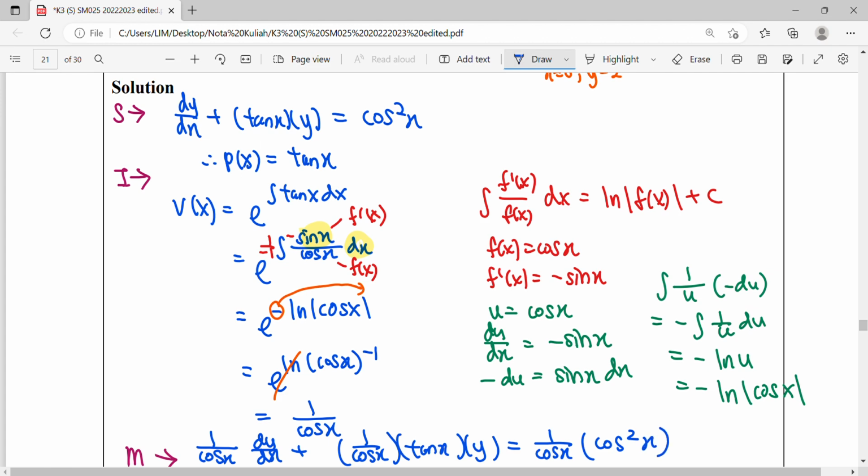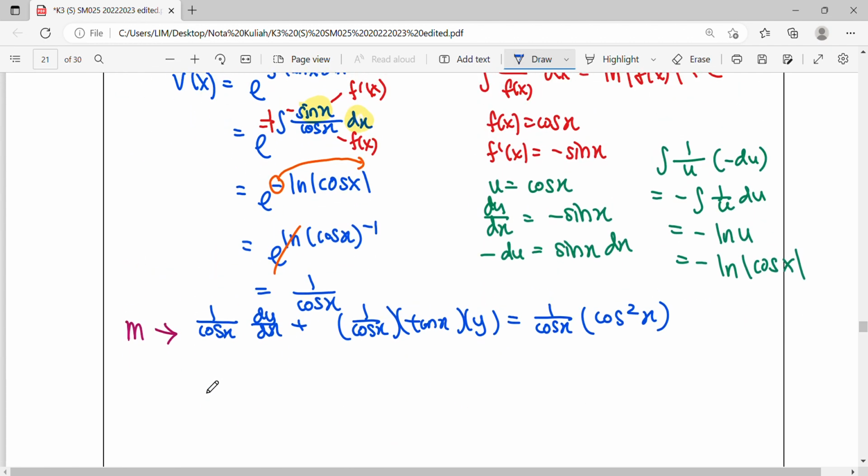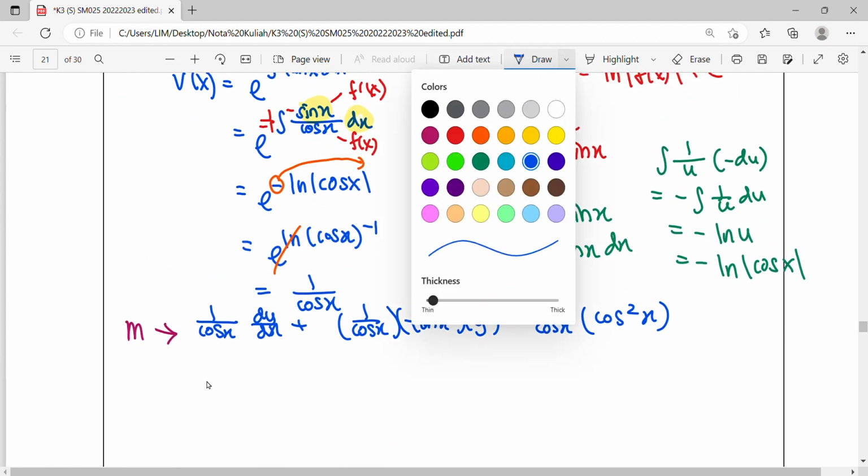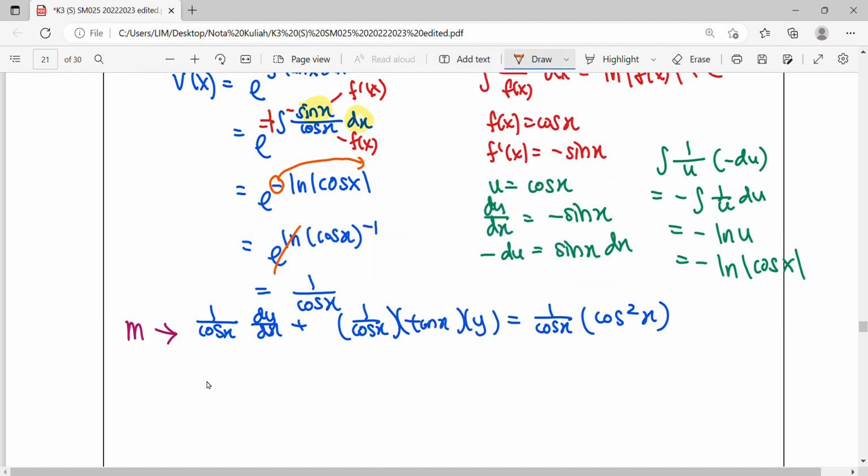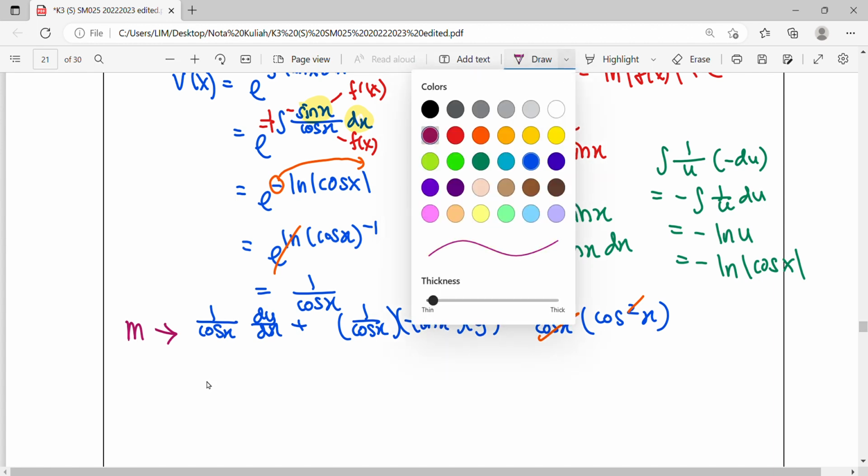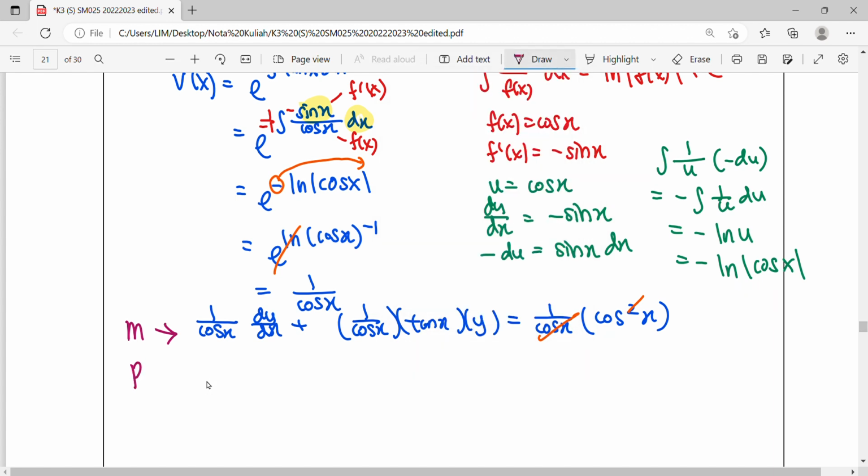As we can see, cos x times cos squared can be simplified. Then, next step, product form: write out the product rule, d/dx of (y divided by cos x). On the right-hand side, after we simplify, we only have cos x here.